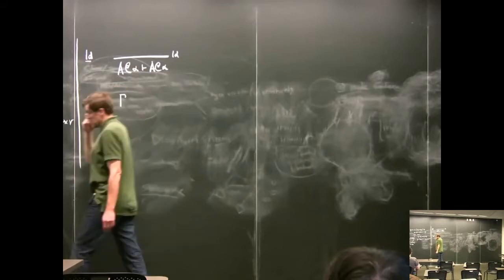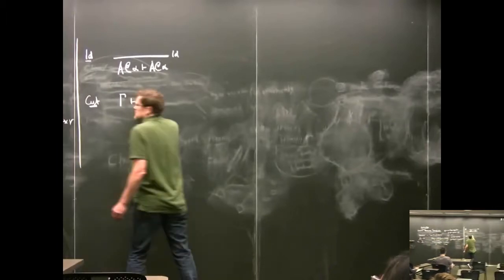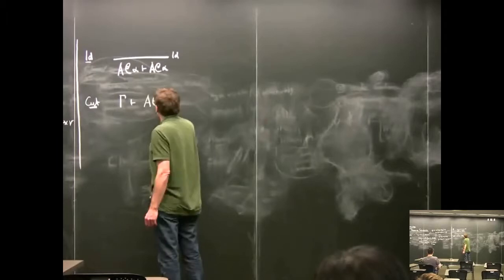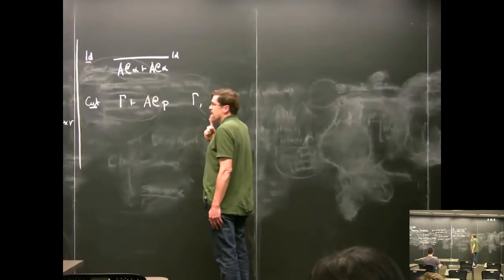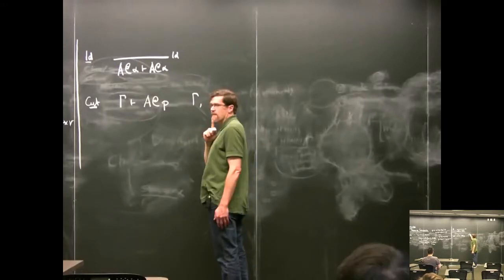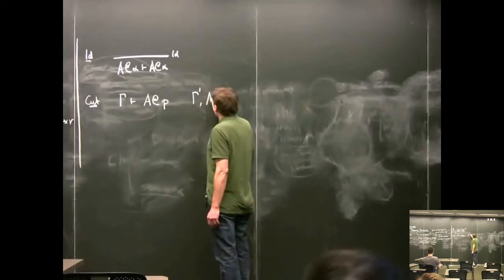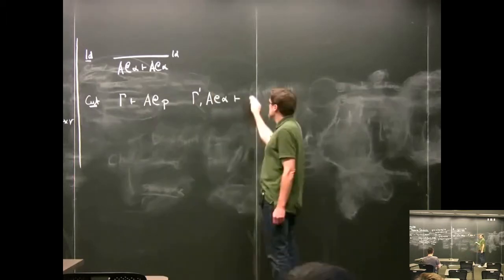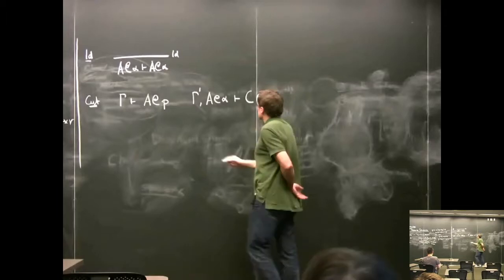I'm going to write gamma because I'm going to reserve delta for these things, and I'm going to call these things here gamma. So if gamma proves P, okay, R.